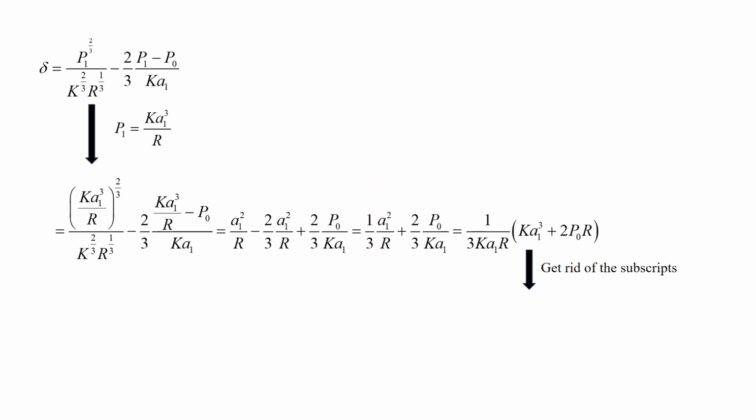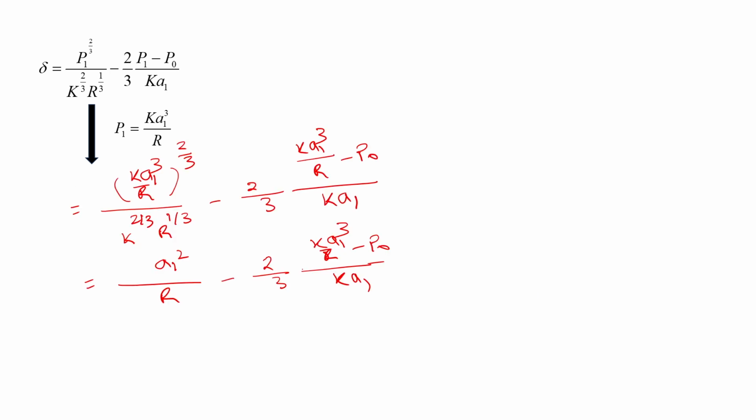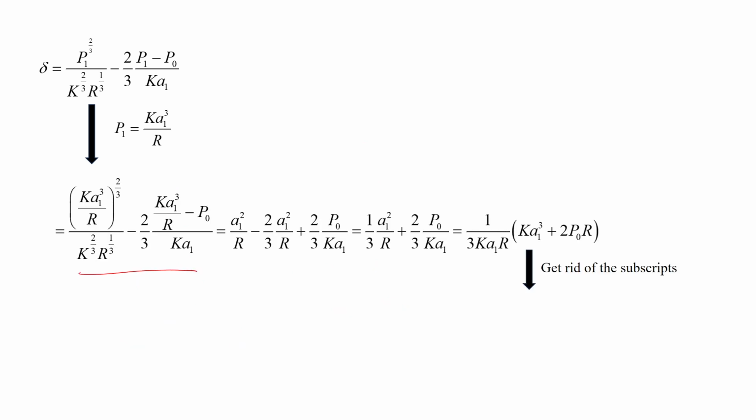One can further open up all these terms, and one can get A1 square by R minus 2 by 3 times A1 square by R plus 2 by 3 times P0 by Ka1. So one can get something like this finally.